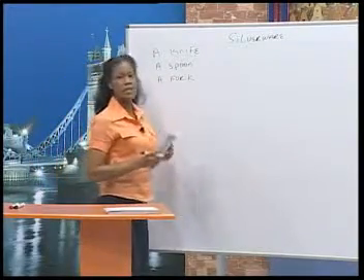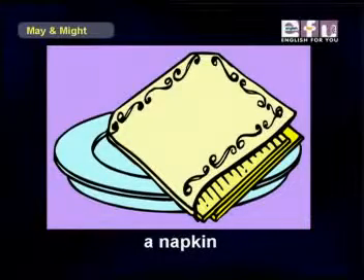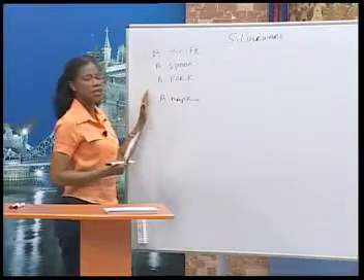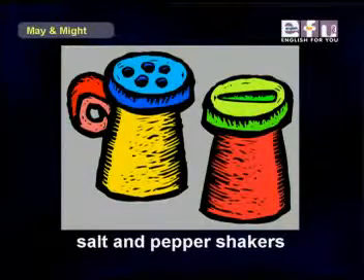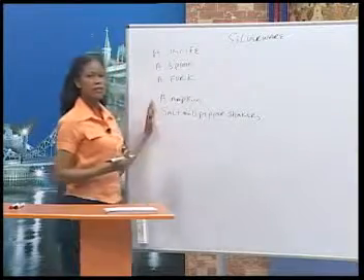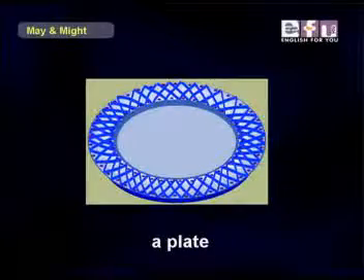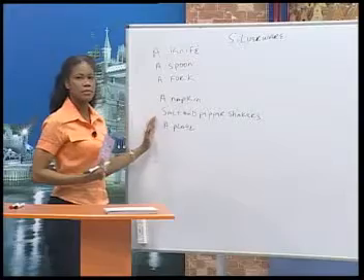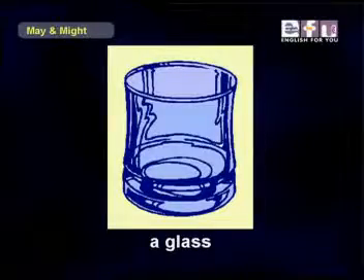We also need other things to eat. A napkin, salt and pepper shakers. We need a plate, a glass.